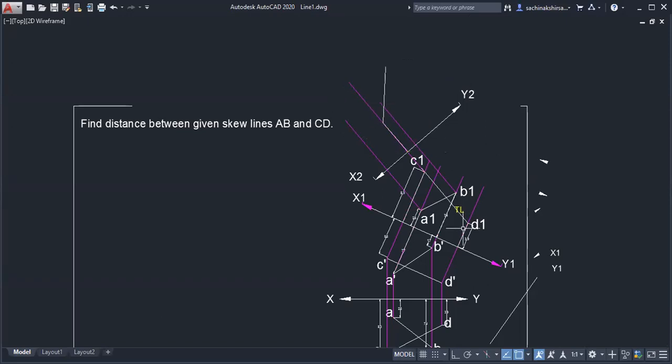Let us mark that point also, and mark points A and B. Mark point B as well.